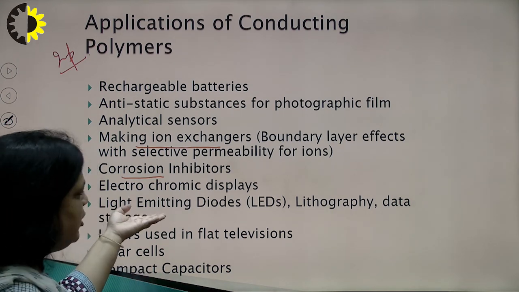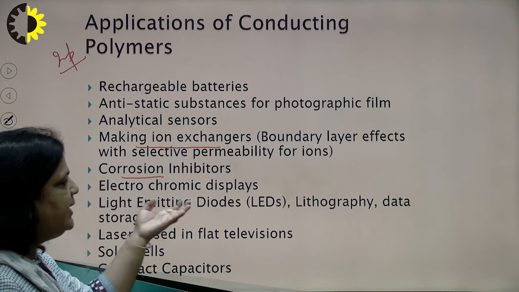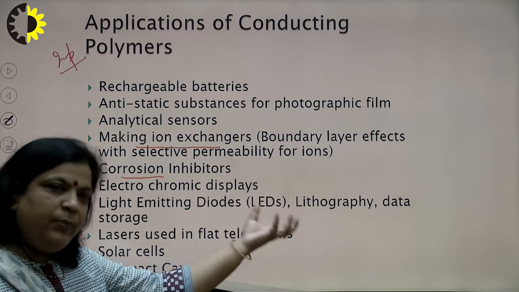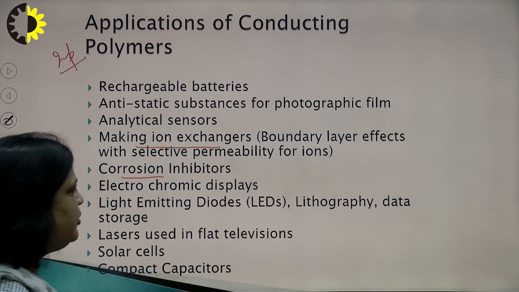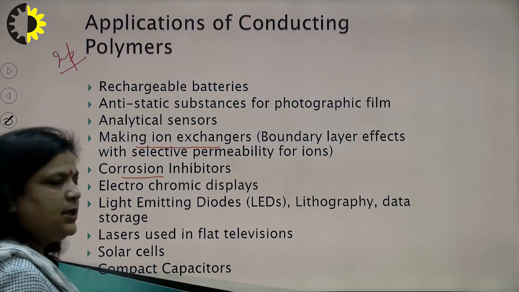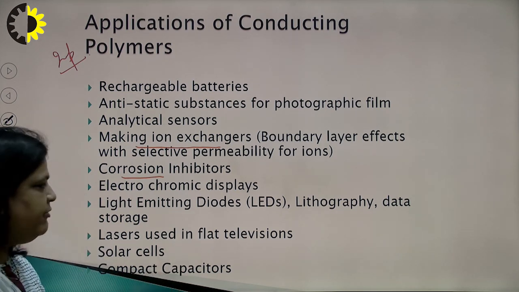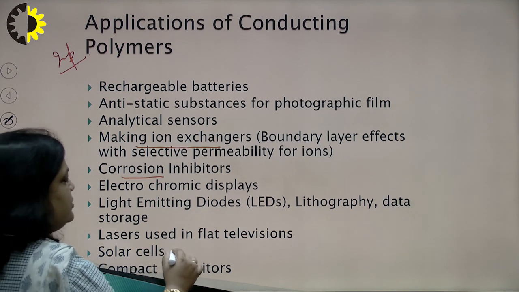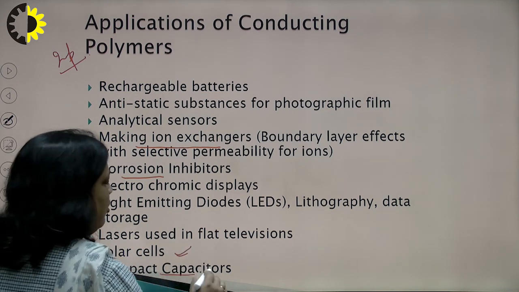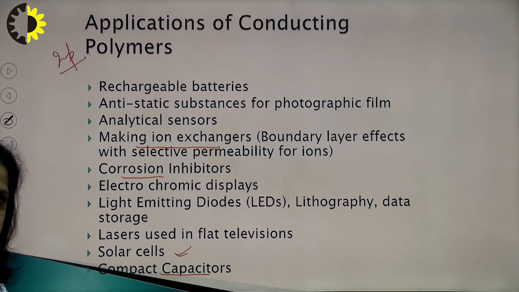It is used in electronics as light emitting diodes, electron beam lithography or data storage. It is used in lasers, in flat television, in solar cell panels or compact capacitors.